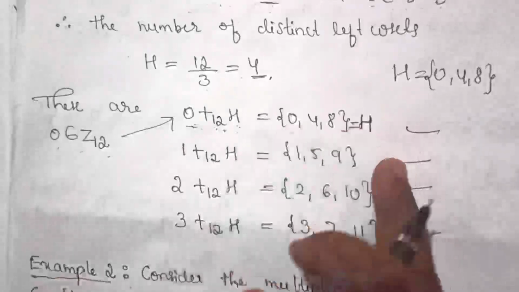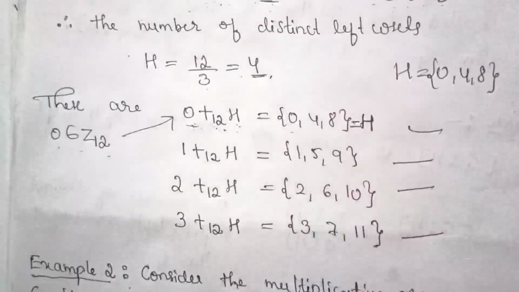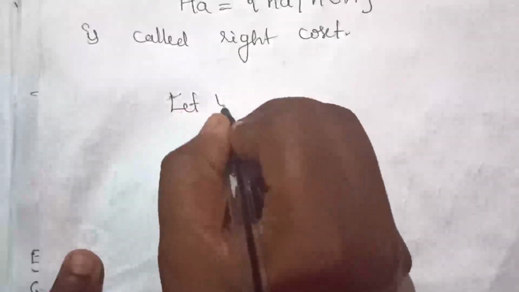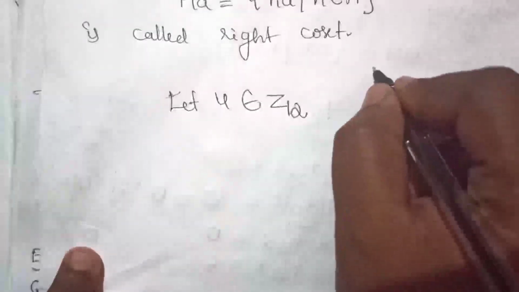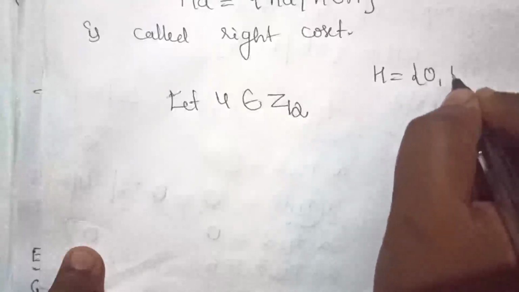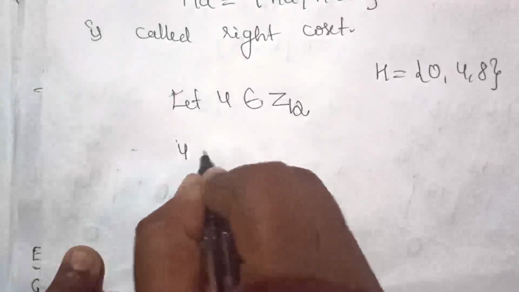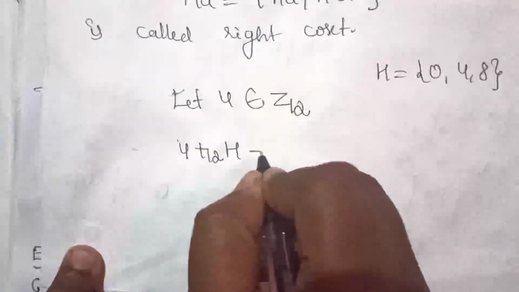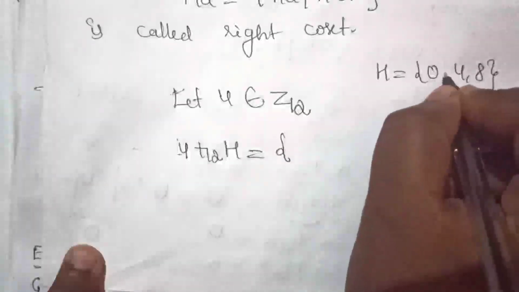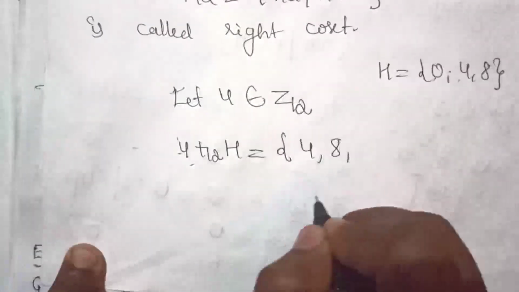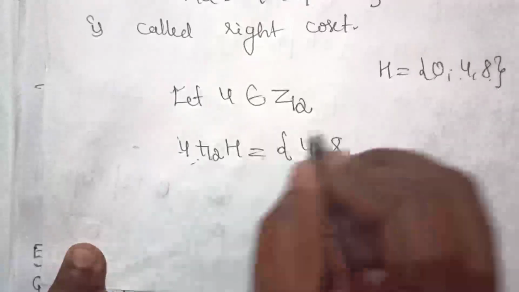If we go for the next element, what will happen? Say the next one: let 4 belong to Z12. Okay, then consider H elements 0, 4, 8. We have to operate this 4 with this H, then we get 4 plus 0 equals 4, 4 plus 4 equals 8, and 4 plus 8 equals 12.